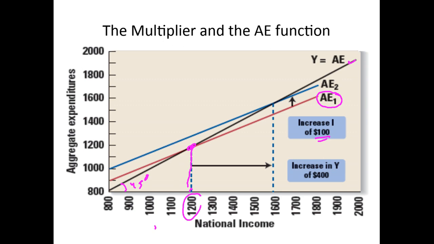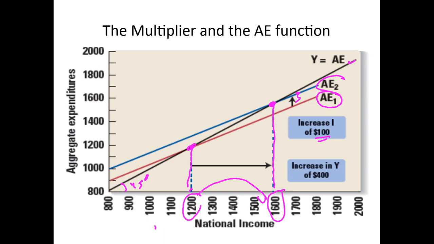When aggregate expenditure shifts upward by 100 because investment increases by 100, the 45-degree line intersects the new aggregate expenditure, that is AE2, at this point. So equilibrium income increases from 1200 to 1600.